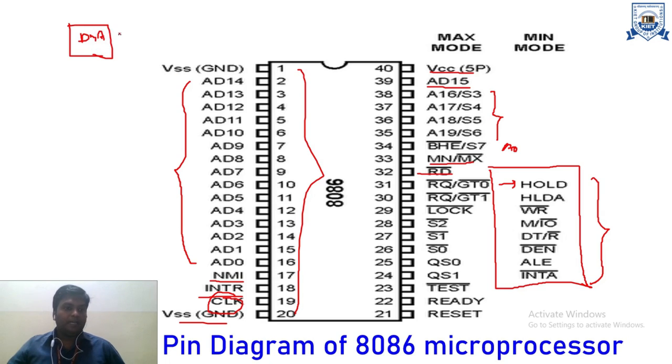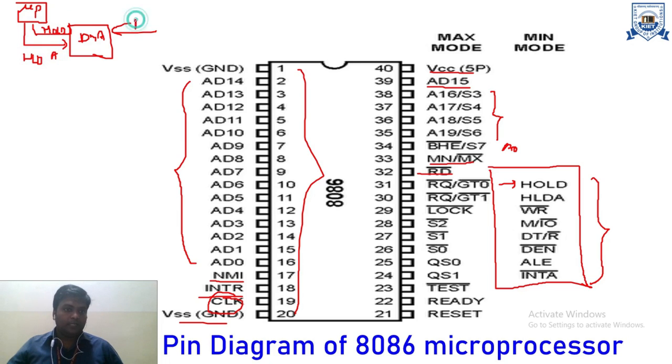Peripheral devices send the request to the DMA controller, then the DMA controller sends a hold signal to the microprocessor, telling it that it wants to take control of the buses. The microprocessor responds with the hold acknowledgement signal, HLDA.